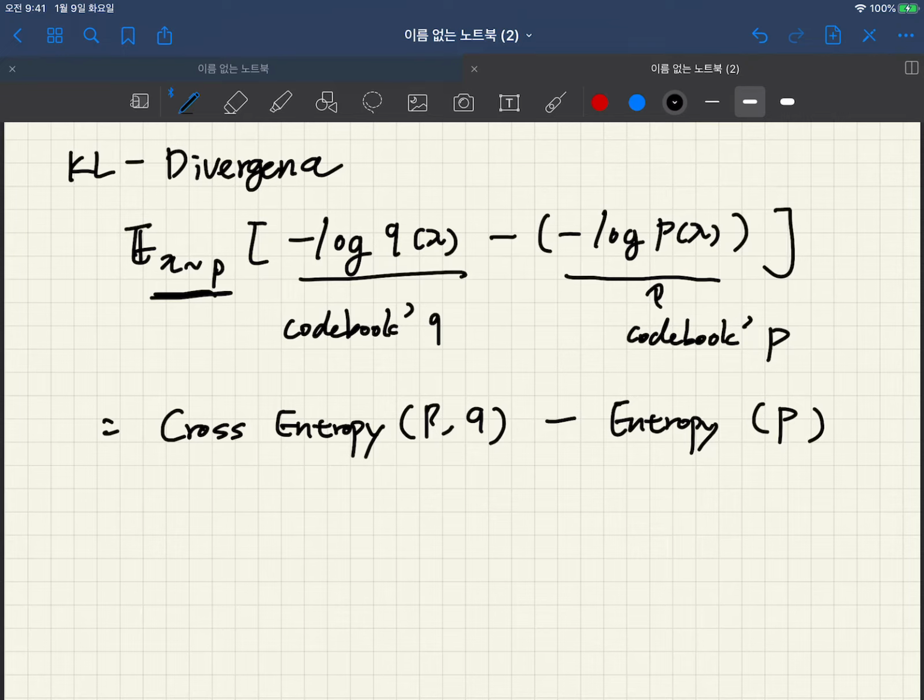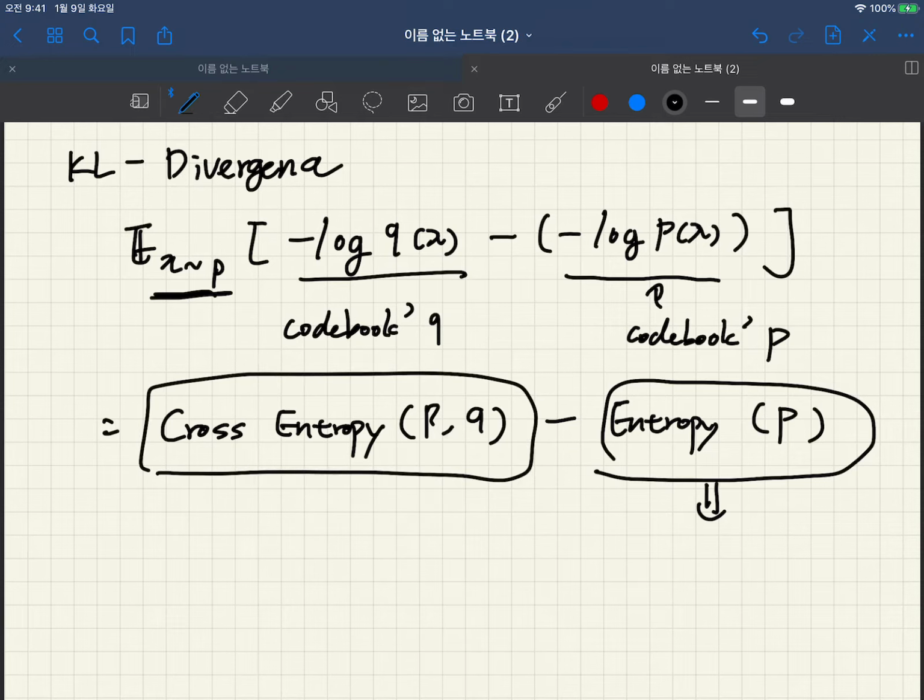So what is the meaning of KL divergence? This part is the amount of information of distribution P, and also this value is the number of bits we have to use for sending our information from machine A to machine B when we know the true distribution P. So this is kind of the optimal value.